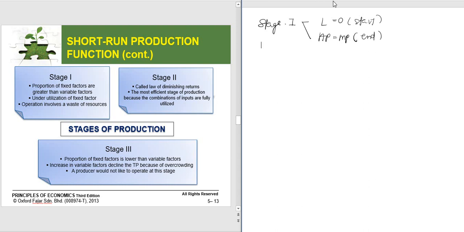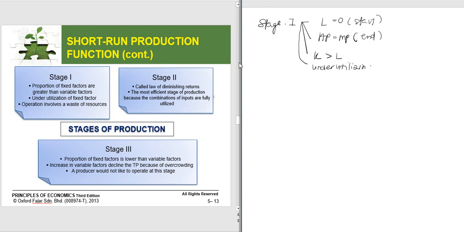Alright, so what happens at stage 1 is fixed factors are greater than variable factors, meaning the amount of capital in the production, for example machineries or building, is greater than the number of labor, meaning there is not enough labor to suffice the space or the equipments available in the production. So this is what we mean by underutilizing the fixed input.